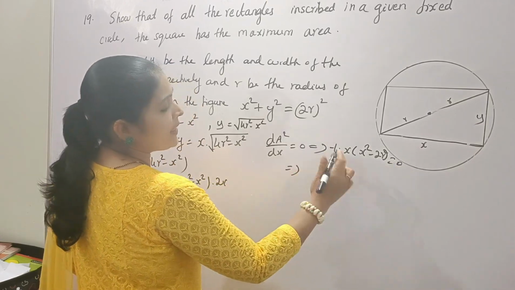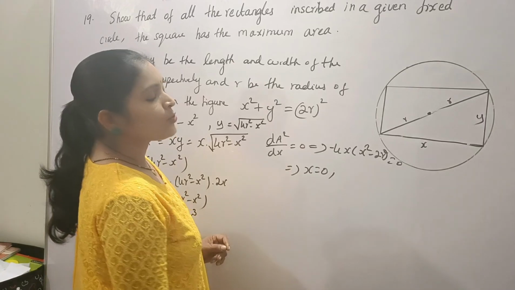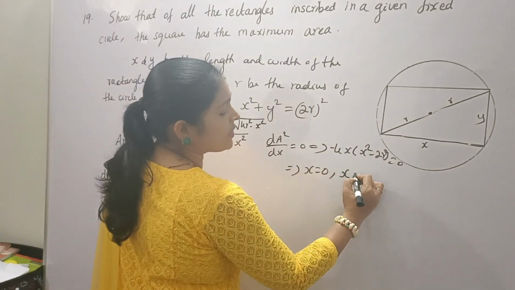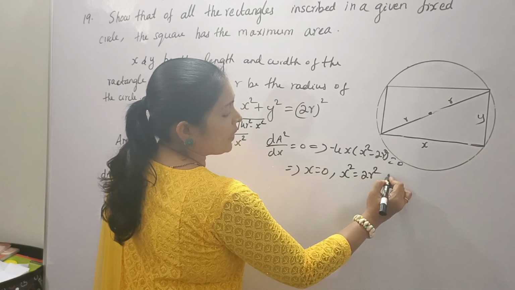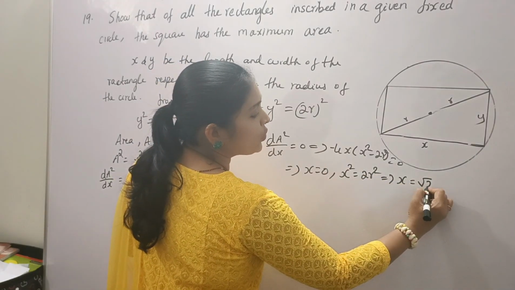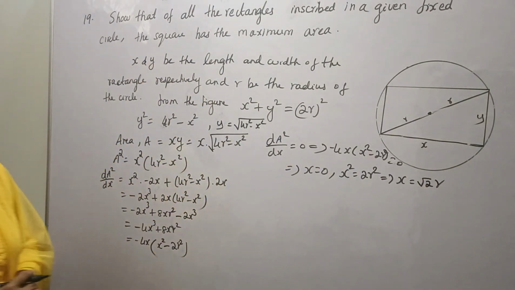That implies x is equal to 0 and x square minus 2r square is equal to 0, implies x square is equal to 2r square. That implies x is equal to plus or minus root 2r.